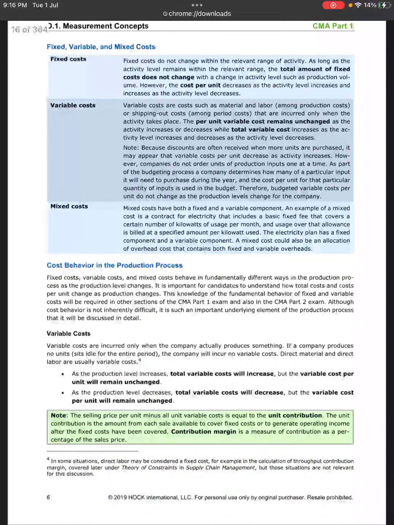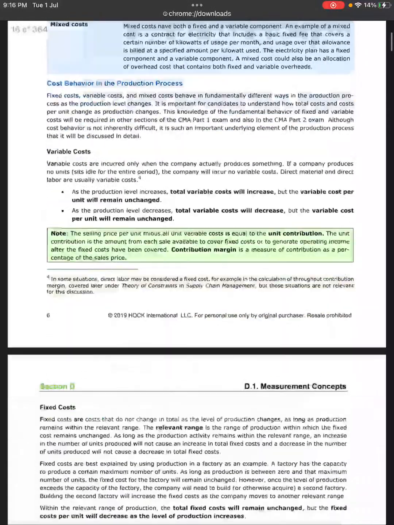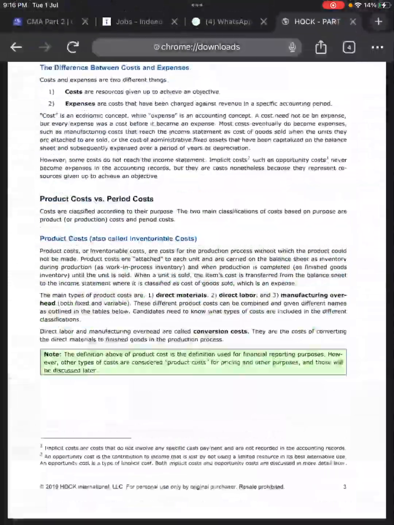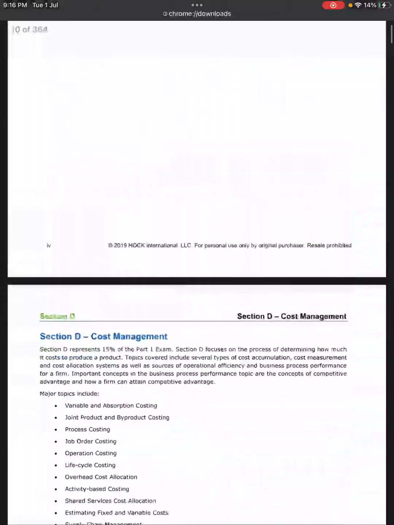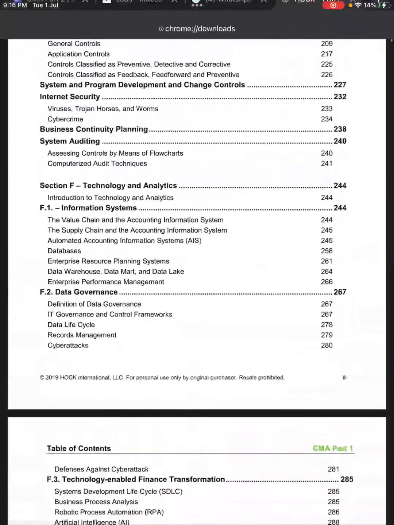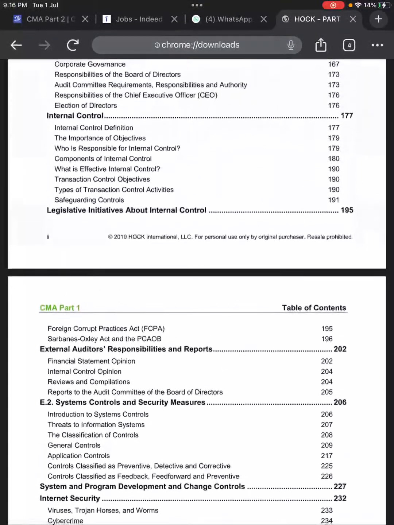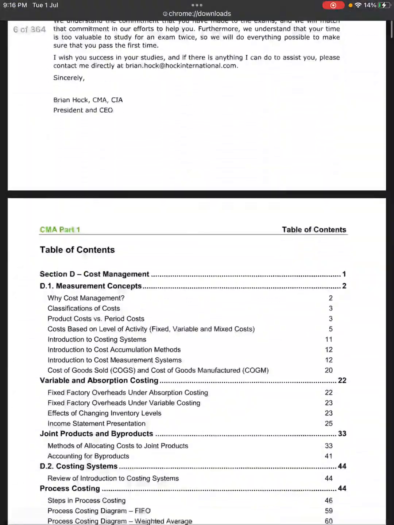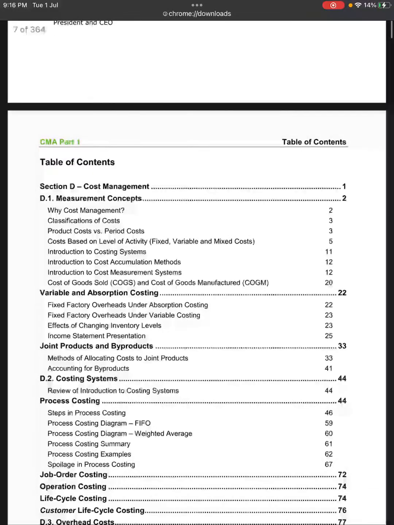Last class we had discussed cost measurement and why cost measurement, and classification of cost, product cost and period cost.